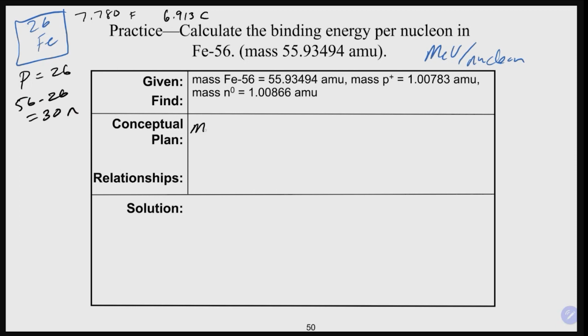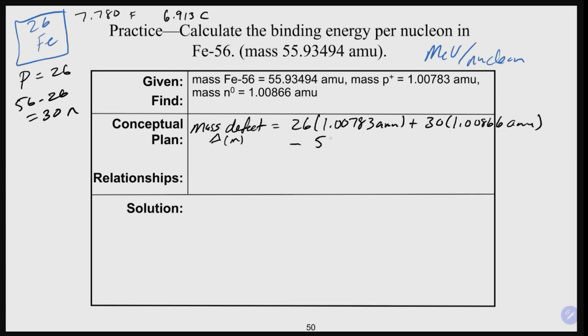So starting with our mass defect here, which is sometimes abbreviated with a delta symbol and sometimes just an M, we're going to take our 26 times, we'll use the number that's in this problem, 1.00783 AMU, plus 30 times our neutron, 1.00866 AMU, and then we're going to subtract it from 55.93494 AMU.